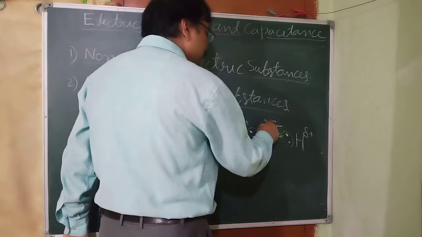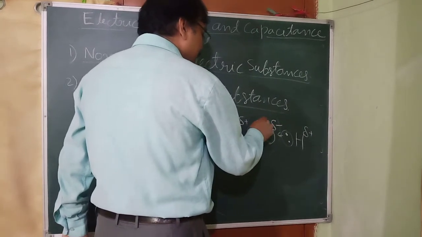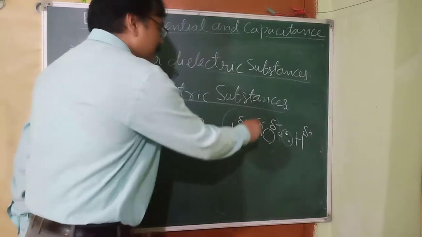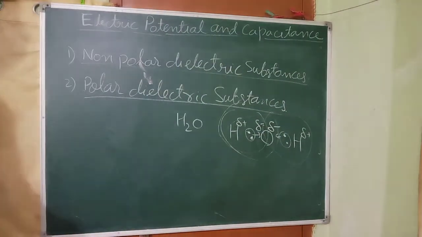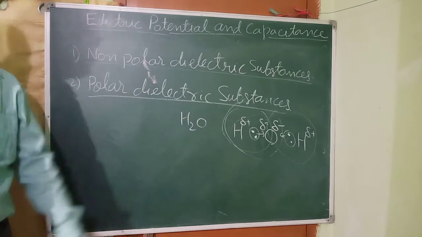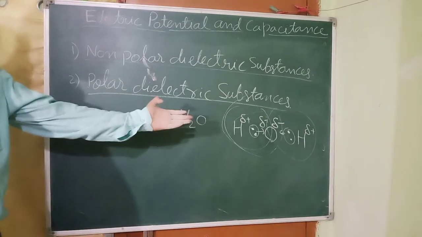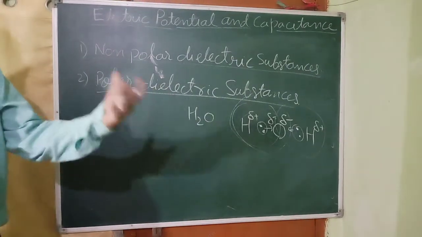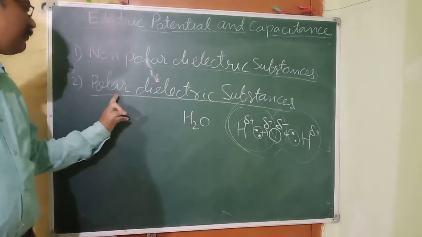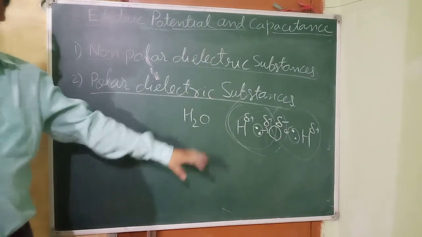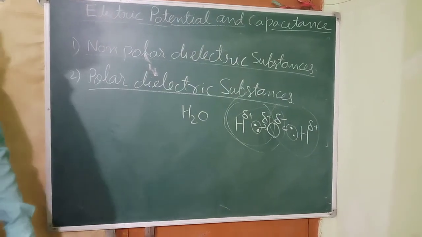So you can write like this. This is an electric dipole, and this is another electric dipole. So there are two electric dipoles, and obviously when an electric dipole is there, it will have its electric dipole moment also. So that is the characteristic of a polar dielectric substance. H2O is an example of that.